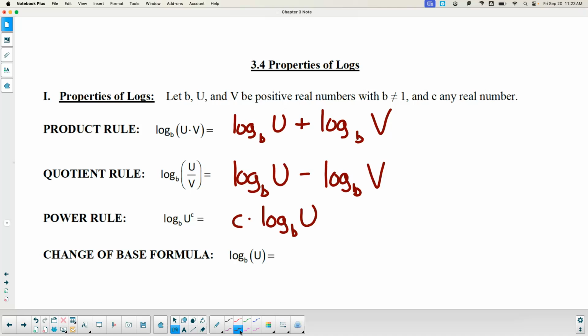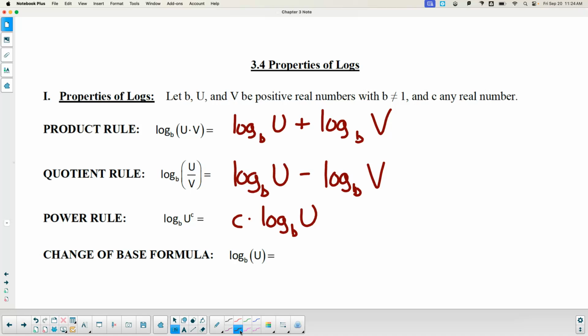Okay? Truthfully, of the four formulas that you are going to use the most is going to be this last one, the change of base formula. Okay? Now, if you have a fancy calculator, and by fancy calculator, I mean one of the TI Inspires, or I believe that the Casios do these. Okay?